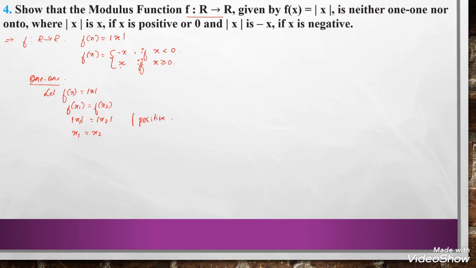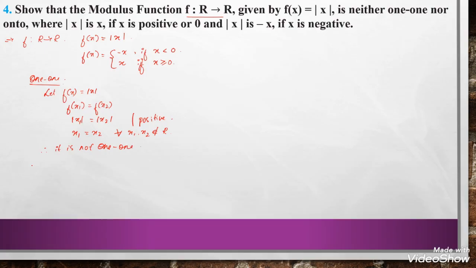But x1 and x2 are not distinct elements here, since for real numbers we get the same number. That's why it is not one-one.